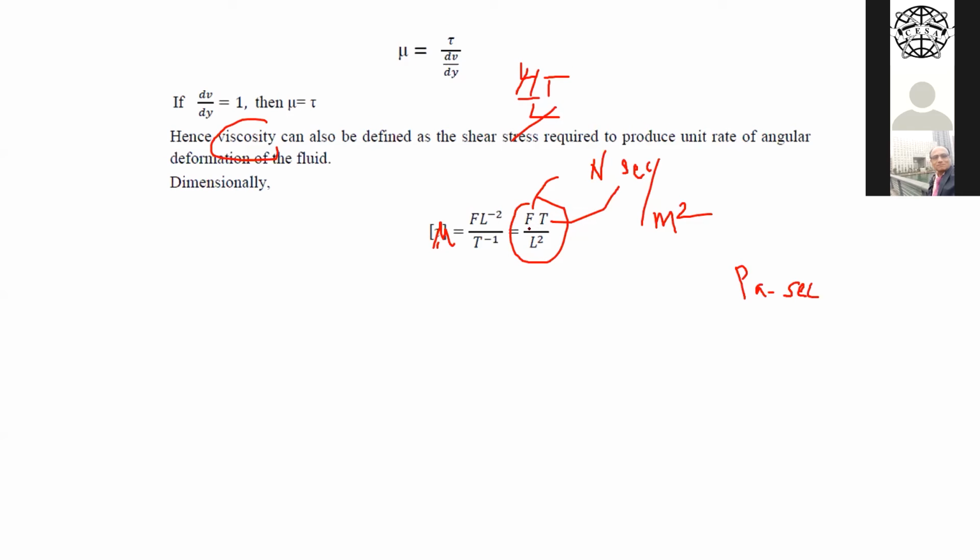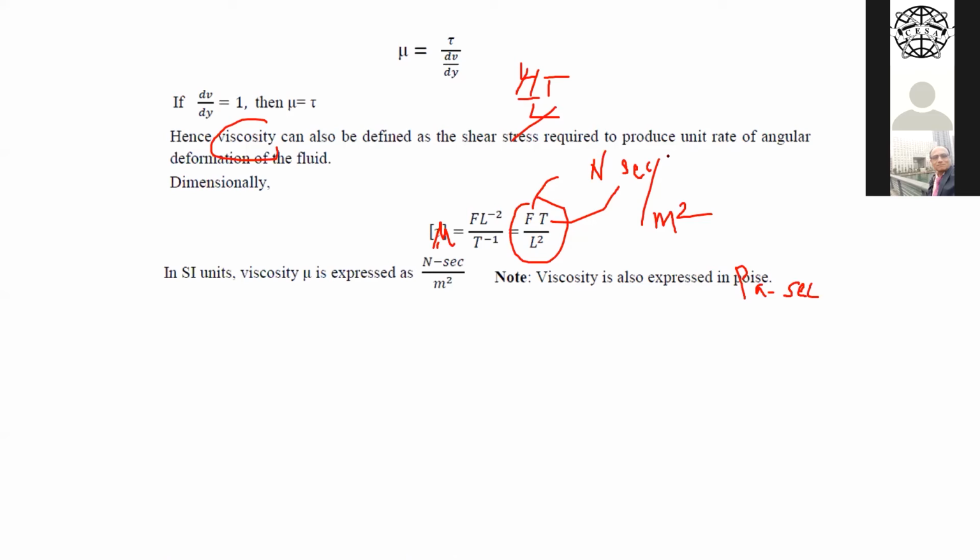If you want it in the MLT system, force is mass into acceleration, which is M L T minus 2, into T by L square, which becomes M L minus 1 T minus 1. If you know the dimensions, you can always work out the units. Therefore, it is expressed as newton second per meter square.